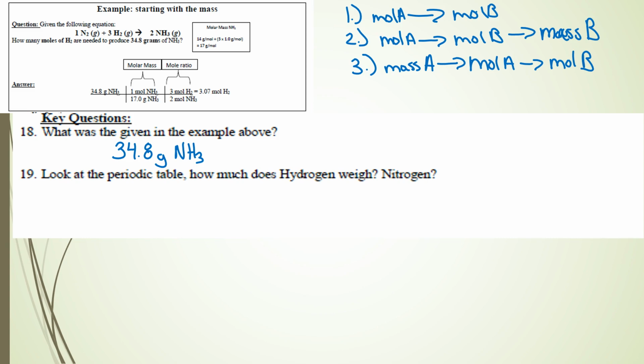So looking at the periodic table, how much does hydrogen weigh? 1.01 grams. How much does nitrogen weigh? 14.01 grams. All right, we're going to use that in a minute to get our molar mass.